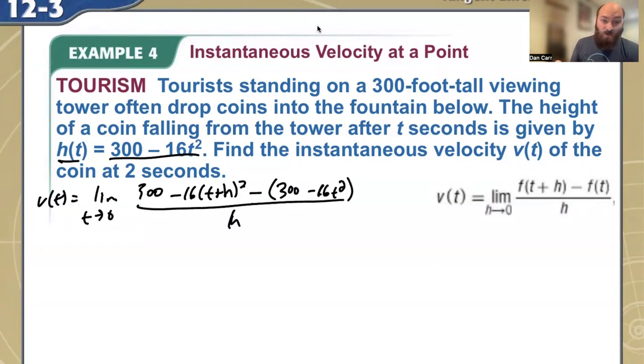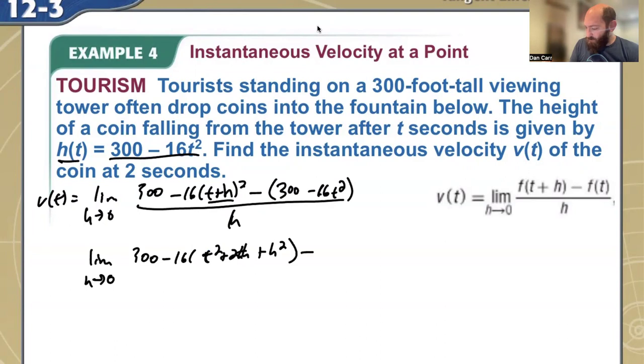First thing I want to do is distribute out t plus h squared. Sorry, not t approaches 0, h approaches 0. My bad, we're doing it in terms of h here. So the limit as h approaches 0 of 300 minus 16 times t squared plus 2th plus h squared, minus 300 plus 16t squared, all over h.